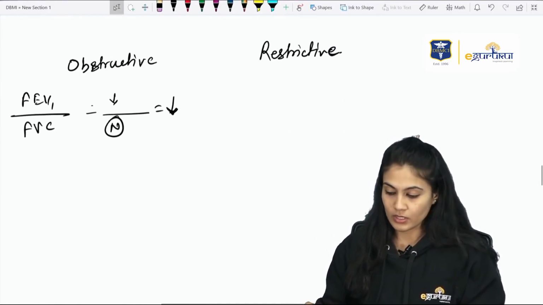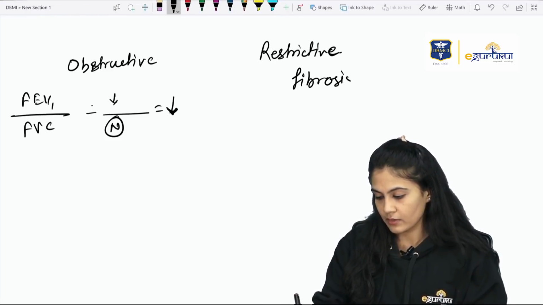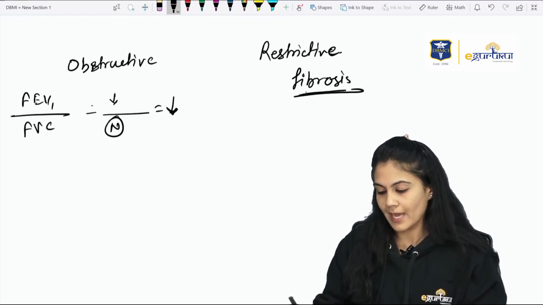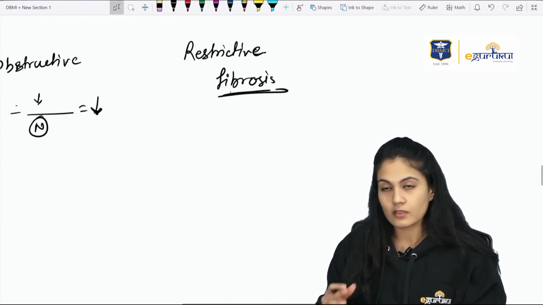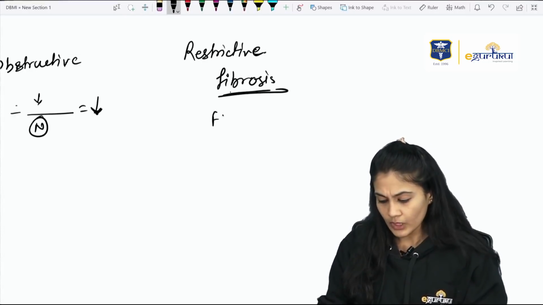What happens in restrictive diseases, such as fibrosis or any interstitial lung disease? There is a problem in the lung parenchyma per se, but there is no problem in the airways.